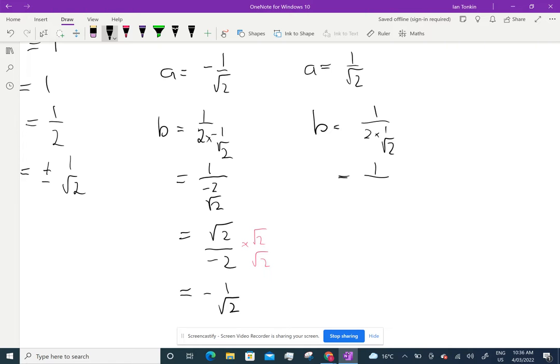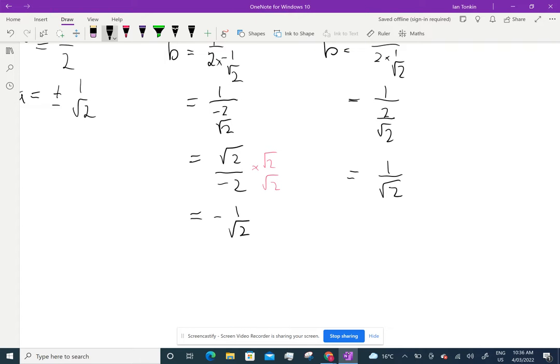That's going to be 1 on 2 on root 2, which is just going to be 1 on root 2. So then I have a plus ib is equal to minus 1 on root 2 minus 1 on root 2, or 1 on root 2 plus 1 on root 2.